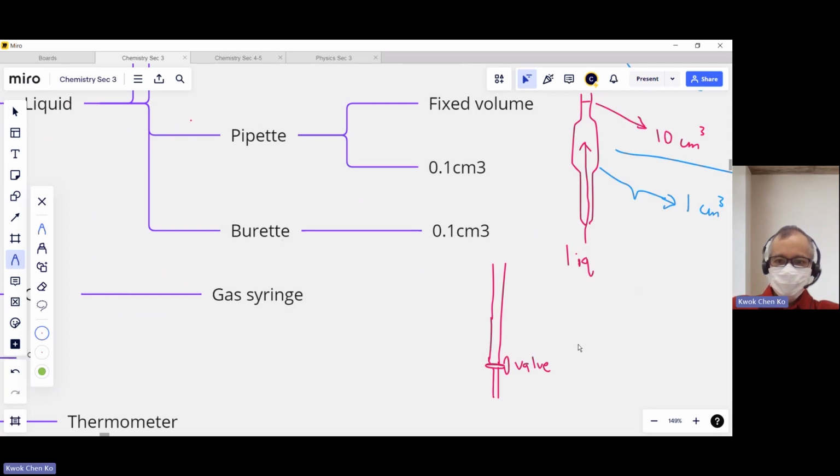Before I go on, there are markings here also. Now the markings actually stretch all the way along the wall of your burette.